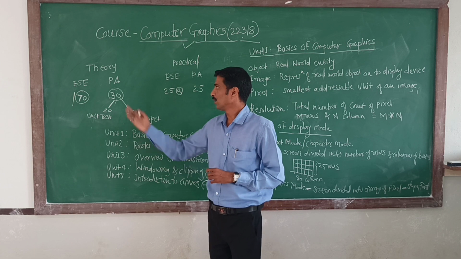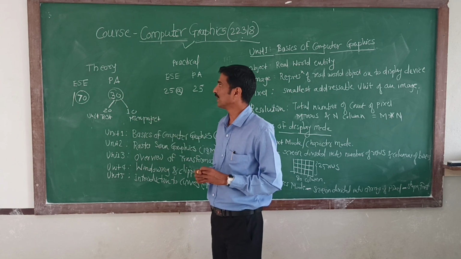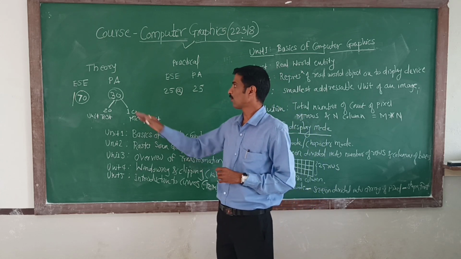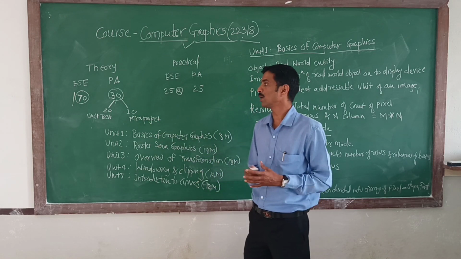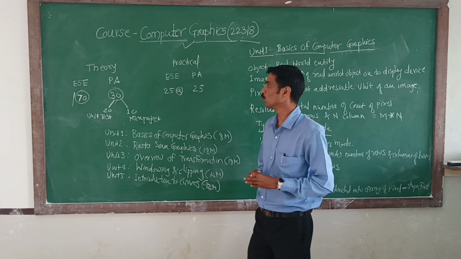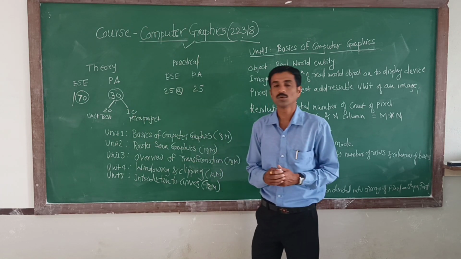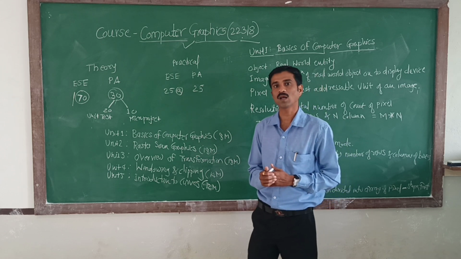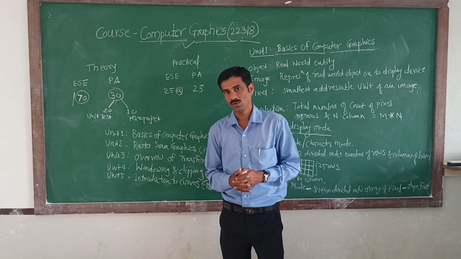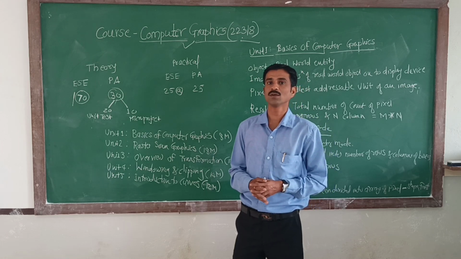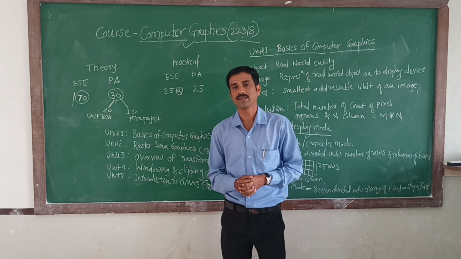Then in the PA, progressive assessment of theory part, it is for 30 marks, and the 30 marks are divided into 20 plus 10. So 20 marks are for test. In the semester we are conducting 2 unit tests.